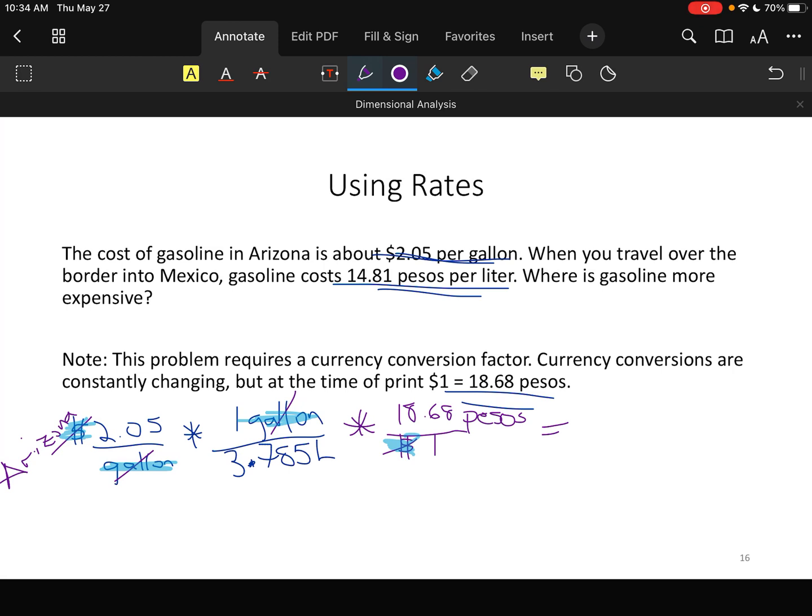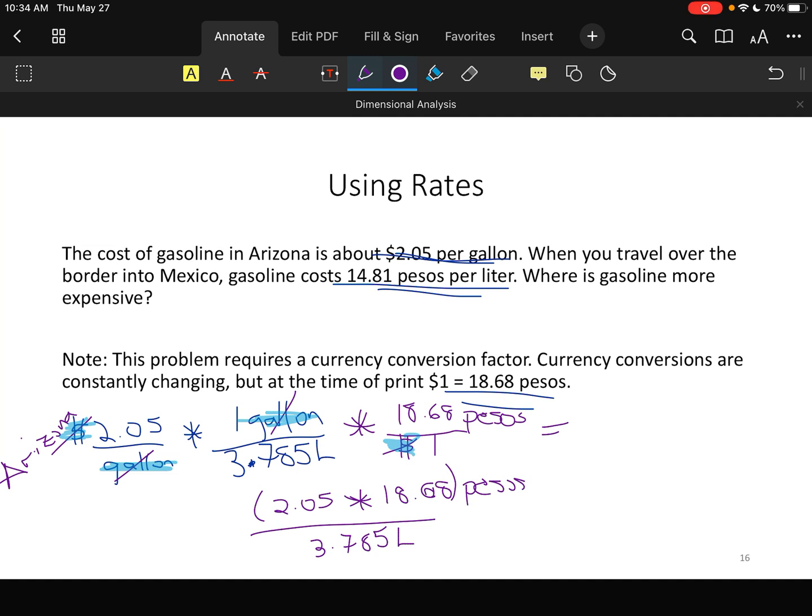So take your calculator. You're going to take 2.05 times 18.68, and go ahead and put your pesos. And I'm going to divide that by 3.785 liters.